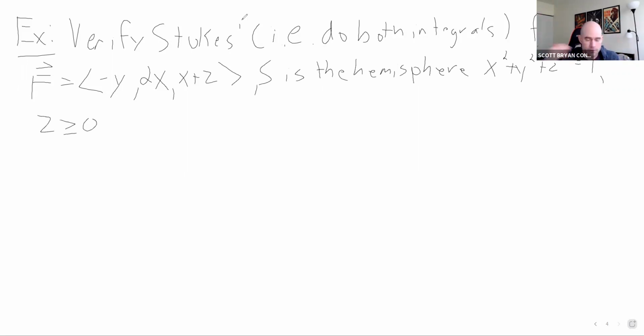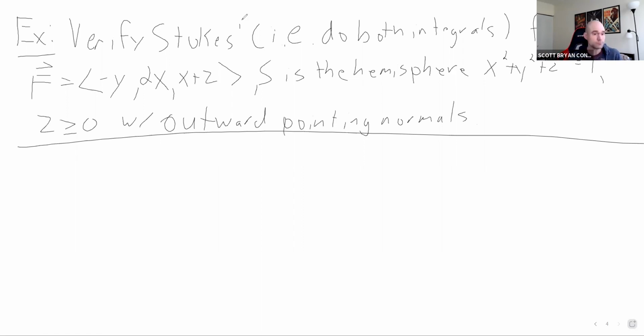So the upper hemisphere, with outward pointing normals. So a lot of stuff to do here.